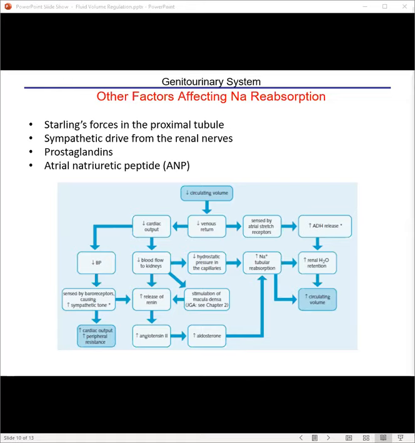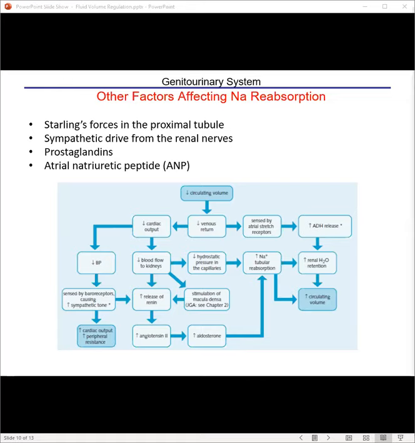So there are several prostaglandins that are produced. This includes your PGE2, which is produced in the medullary portions of the kidney. You have your PGI2, which is produced in the cortical sections of the kidney. Then you have your PGF2 alpha, your PGD2, and your thromboxane A2.